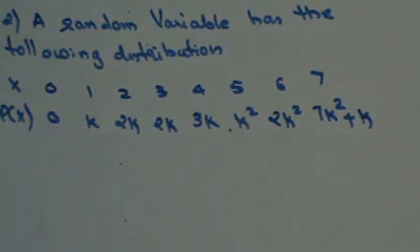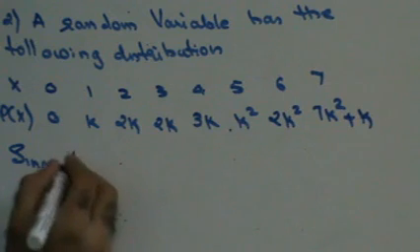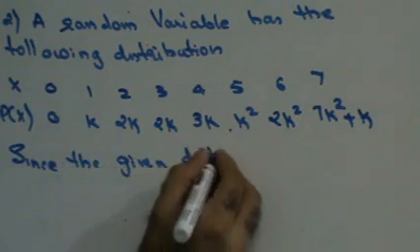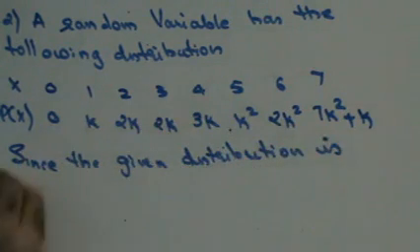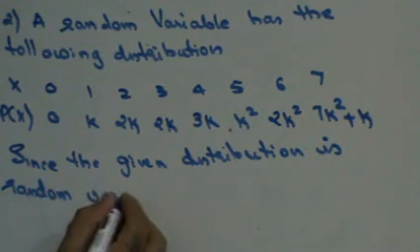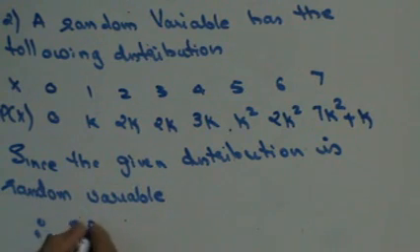Right? Now, since the given distribution is a random variable, therefore sigma px should be equal to 1.